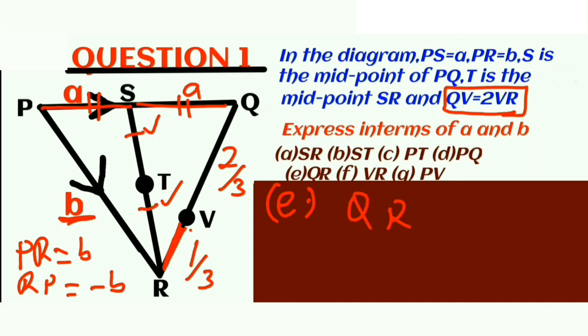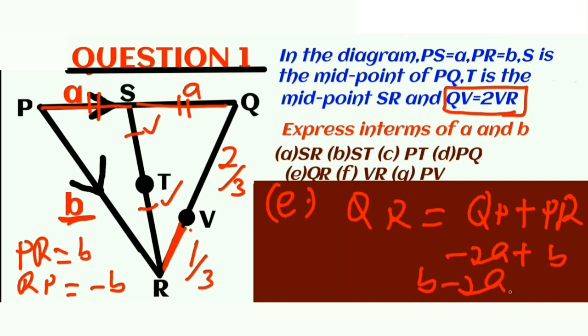So from Q to R equals QP plus PR. That is minus 2A plus B. The final answer equals B minus 2A.